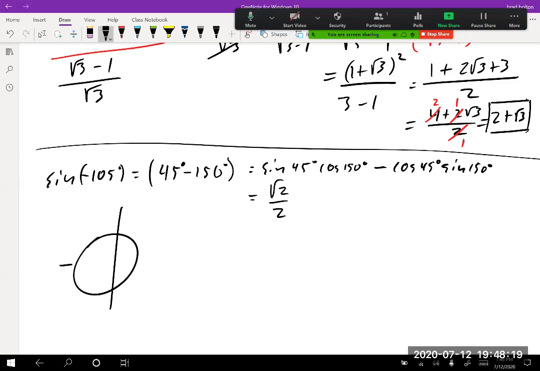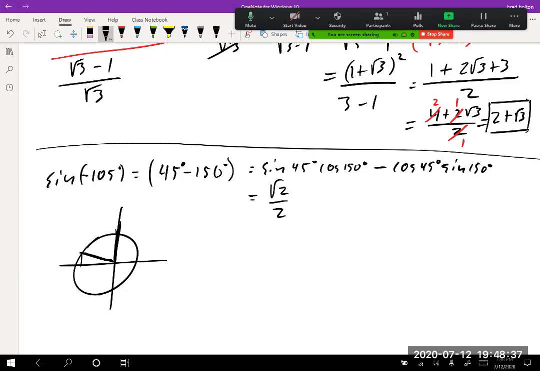Now let's just double check where 150 is at. So here's 90, right? If we add another 60 to 90, we get 150. So that would be right about there, right?